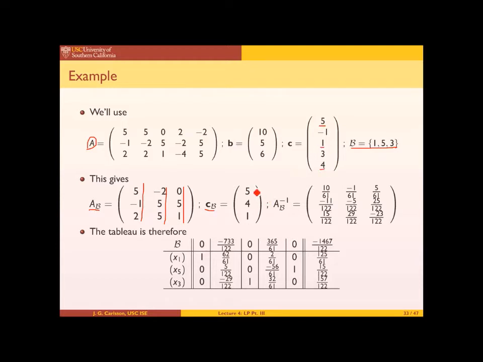Then you'd go open up MATLAB and compute the inverse of A sub B, and it's these horrible, ugly numbers here that are not really important. So I have A sub B, I have C sub B, and I have A sub B inverse, and I claim that from those values I can recover the simplex tableau as I've written down here.